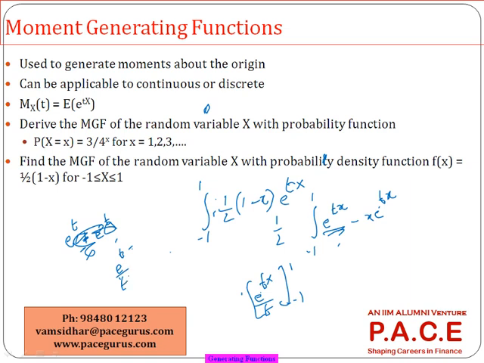If I put x equal to minus 1, it becomes e power minus t by t. So I can write it as 1 by t into e power t minus e power minus t. This is for the first part.